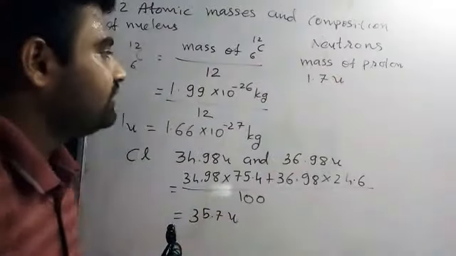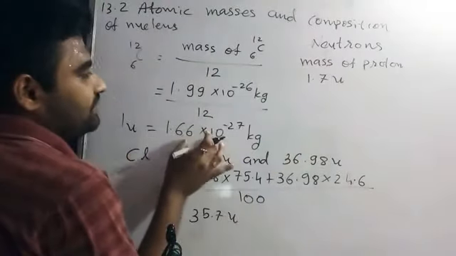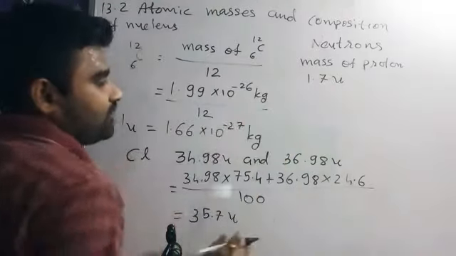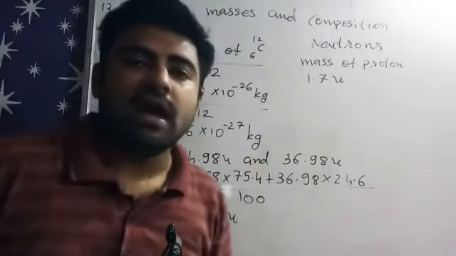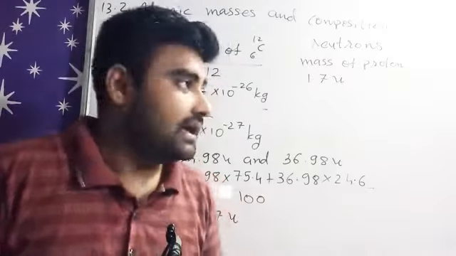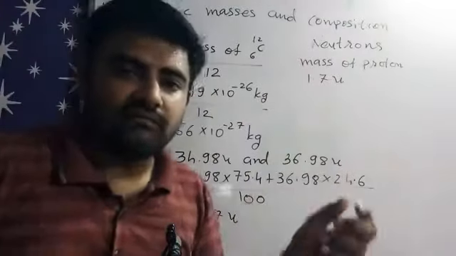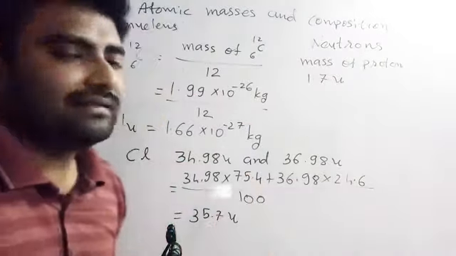Similarly, the mass of a neutron is also 1.7 into U, because the masses of proton and neutron are nearly equal. There is a little difference, but it is negligible.